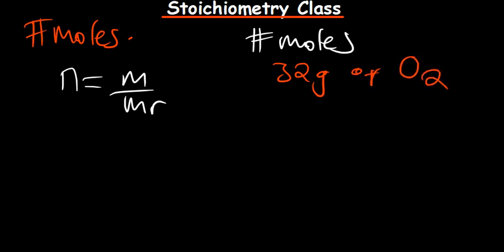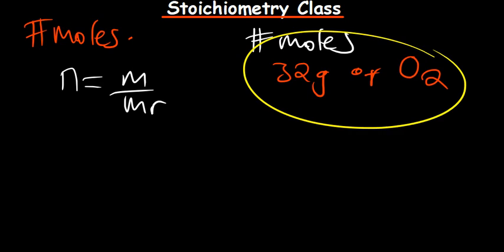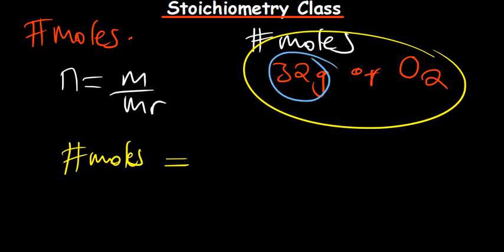How do you determine the number of moles there? So instead of you remembering this formula, what I want you to understand is you can use the dimensions. Mass is what we have.